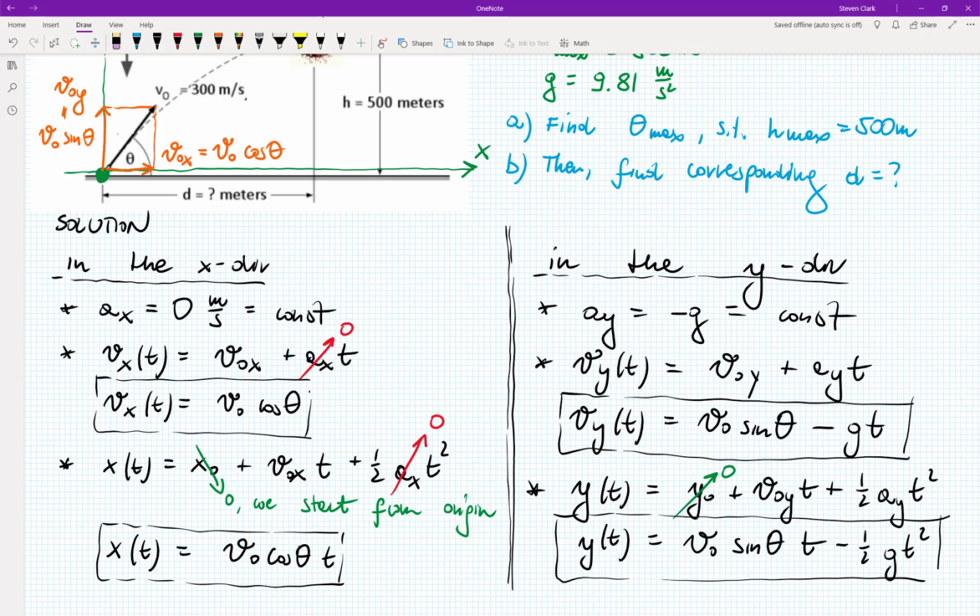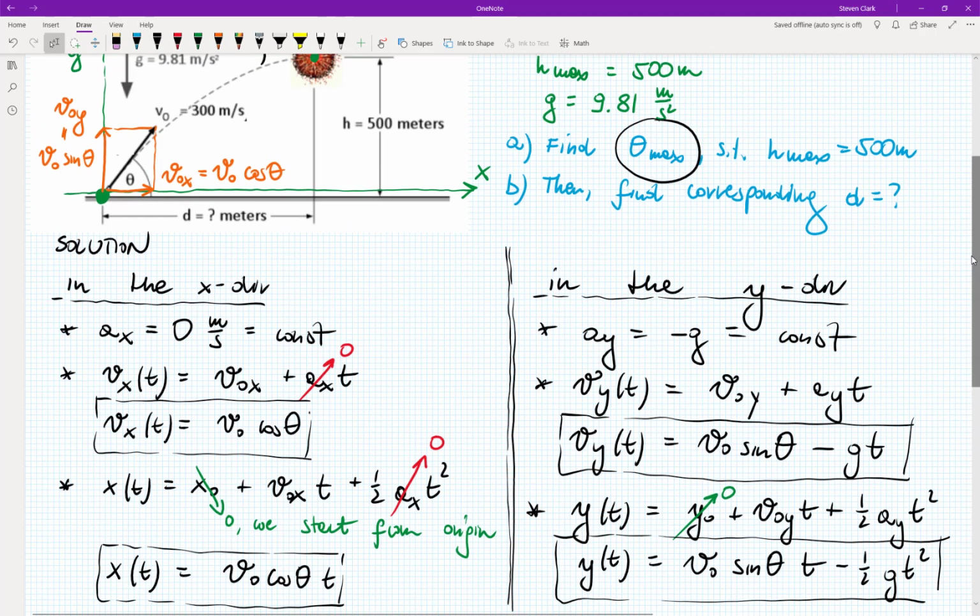Okay, guys, so anybody want to help me? Once we have these equations, what is the strategy to find theta max? It will work, but maybe as a second step.